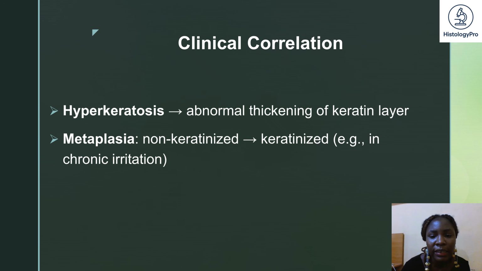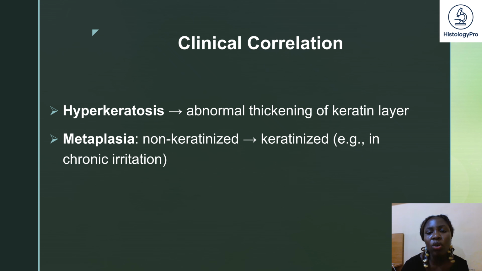Now we look at the clinical correlates of the stratified squamous epithelial layer. We'll be looking at hyperkeratosis. Hyperkeratosis refers to abnormal thickening of the keratin layer, also known as the horny layer, on the surface of the epithelium.